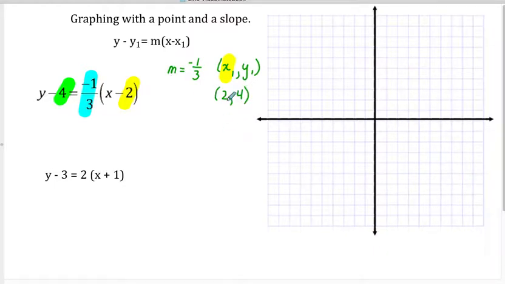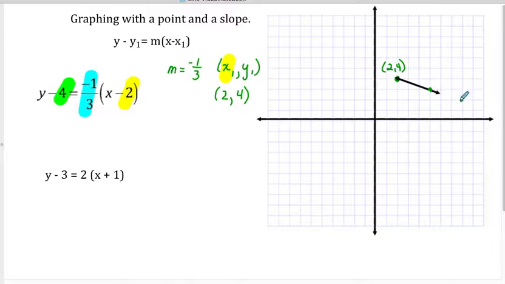So now I could graph it. I can find this point in the universe of my coordinate plane. Over 2 up 4. There's my point (2, 4). And then use the slope, right, to find the rise over the run. So this line comes through this point and goes down 1 for every 3 that it goes over. So down 1 over 3. Looks like there'll be another point right here, right?